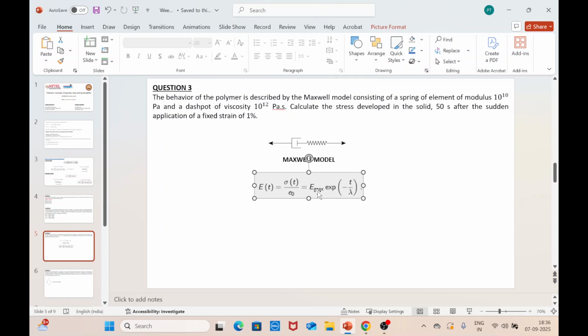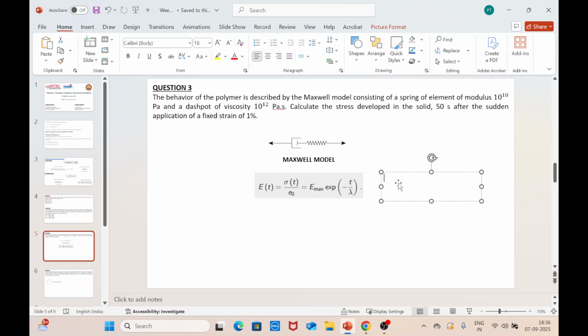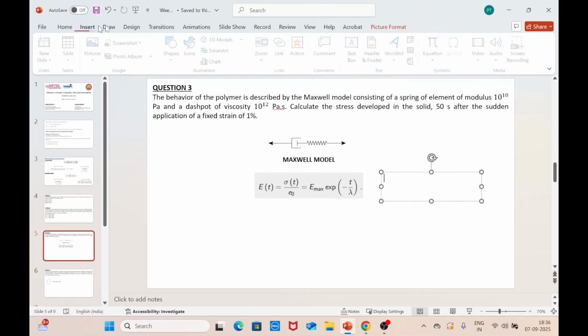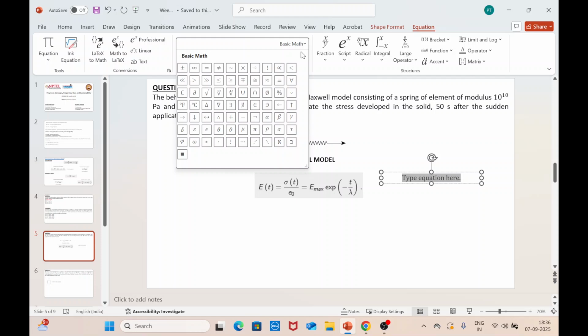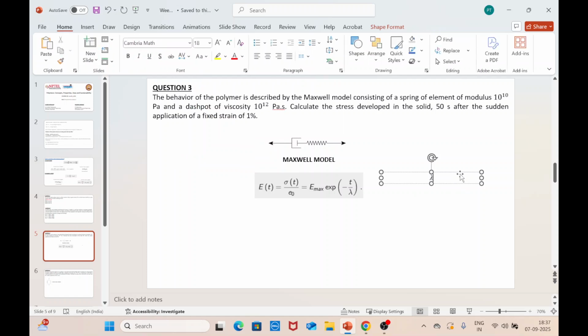It is the ratio of viscosity to the modulus, eta by E. Lambda is nothing but eta by E. So you have the values.